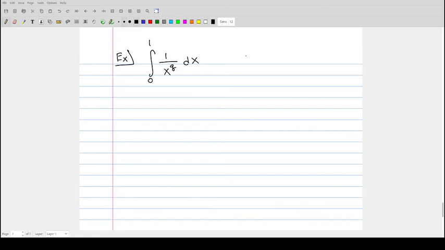You could ask, for what values of q does the following improper integral converge?